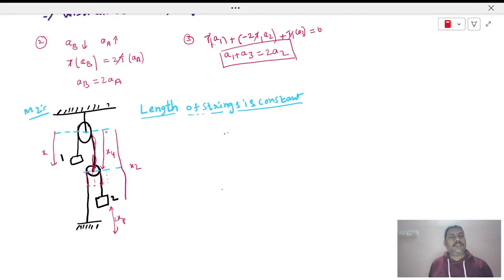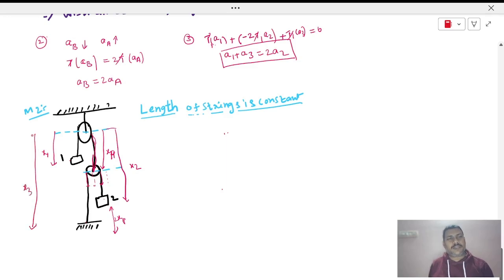So here the length displacement you have to take from the fixed pulley alone. I have to take it from the fixed pulley to the blocks and the mobile pulley. So from the fixed pulley, the first block is at distance x1, the pulley at xp, the second block at distance x2, and this third string at distance x3.